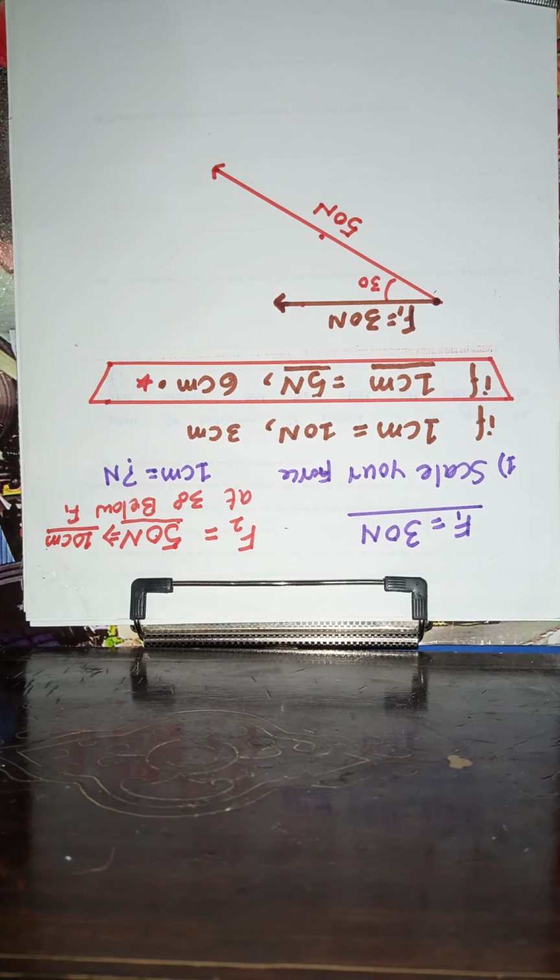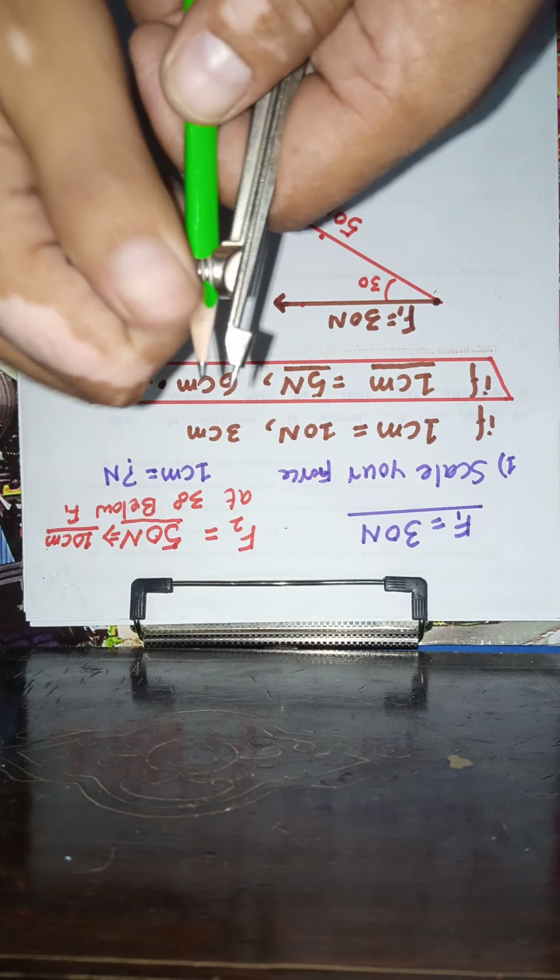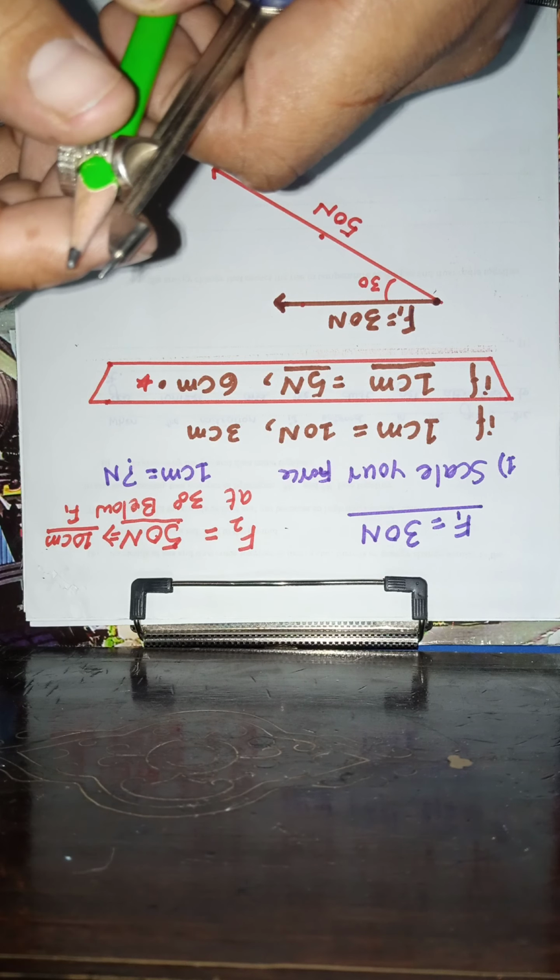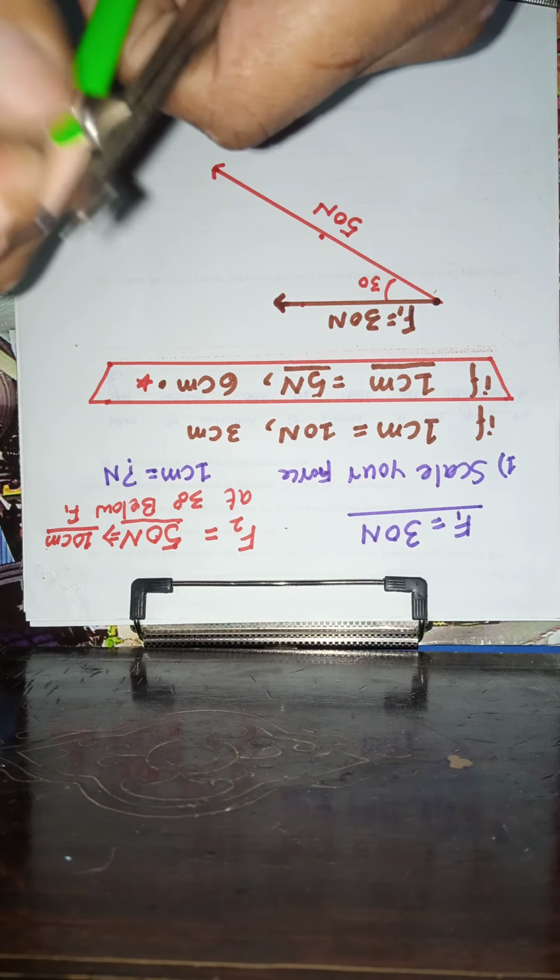Now my next target was the next issue which the students were facing, whether that force creates a resultant force or not. Yes, these two forces will cause a resultant force, and to find it I will adjust the compass, and then I will show you how to make a parallelogram.